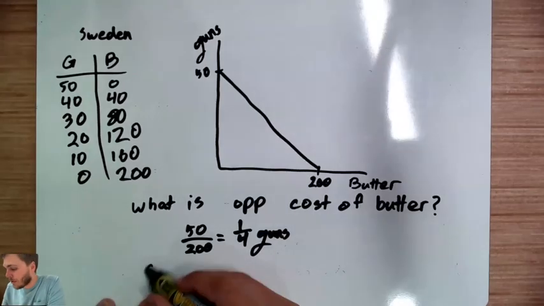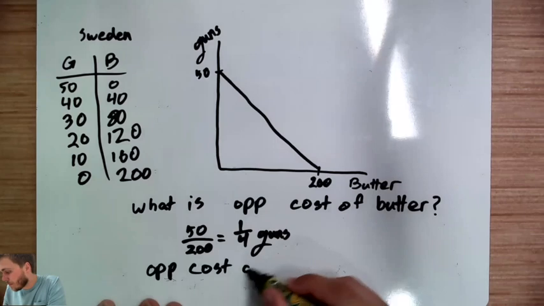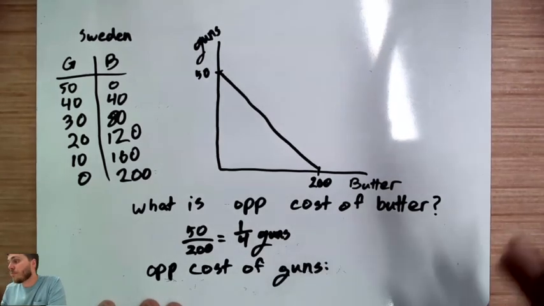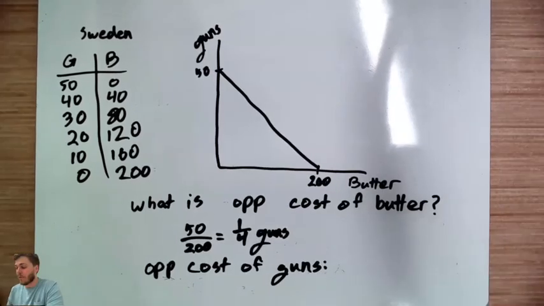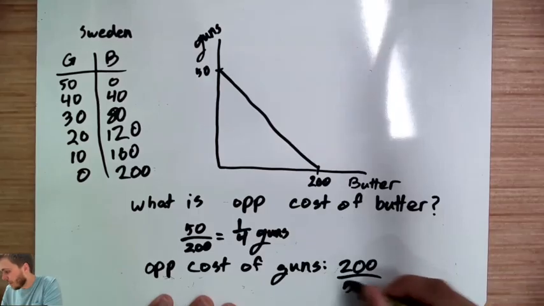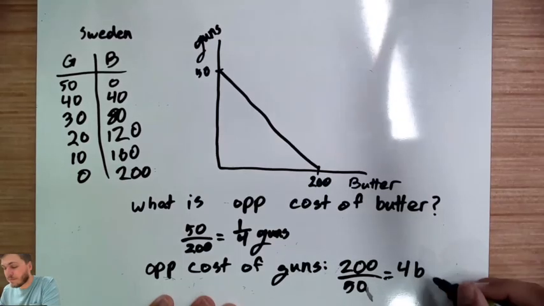And likewise, we can reverse this. What is the opportunity cost of guns? Well, if they wanted to make guns instead, they would have to give up 200 butter to get 50 guns. Oh, not 500.